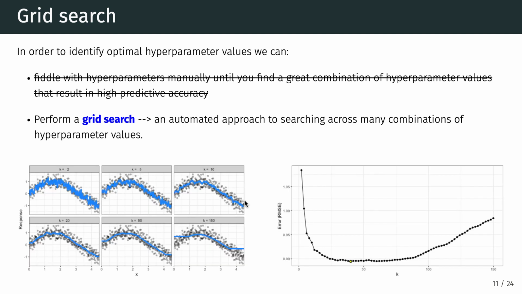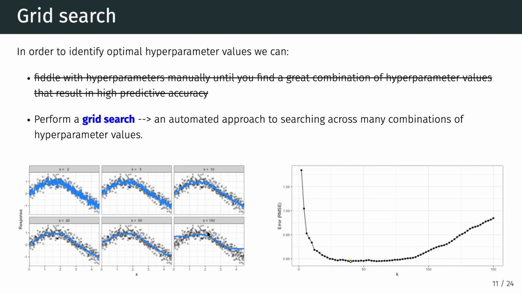Okay, so for example, with this example that we saw earlier, where we are looking at k equals 2 all the way up to k equals 150, our grid search would take values ranging from 2 to 150. It could be literally values 2, 3, 4, 5, all the way up to 150. Or maybe we want to search just even numbers, 2, 4, 6, 8, 10, and so on up to 150.